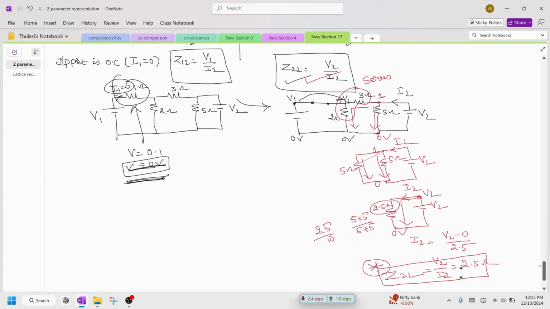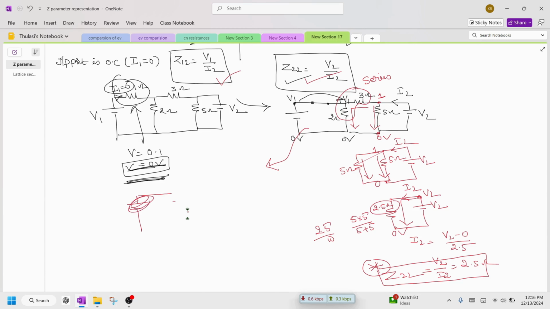So now for this same network we are going to find out V1 by I2. Okay, so now I am redrawing the network. So from this network we are going to find out.